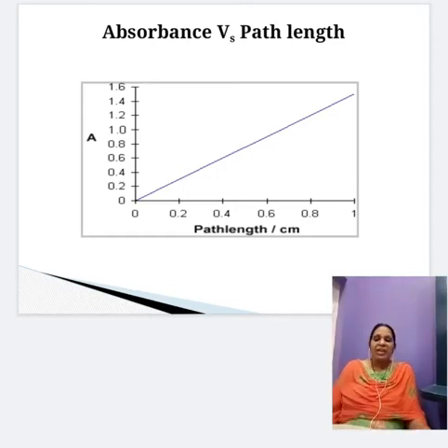So you get a linear graph, which you can observe in the graph shown in the slide.